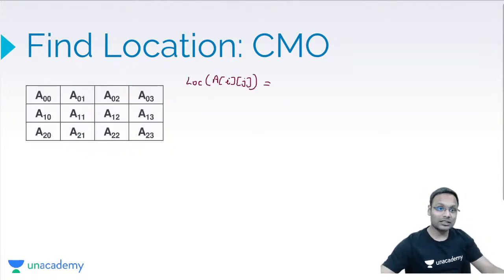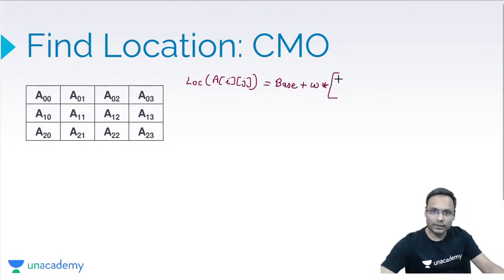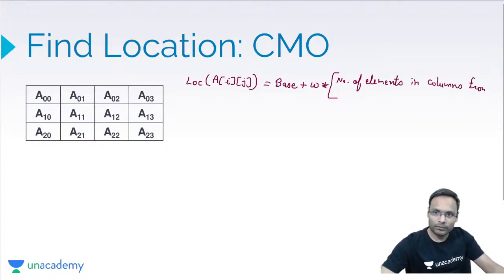So what I am writing, the basic formula is this: base plus w into number of elements in columns from lower bound of j to j minus 1 plus extra.